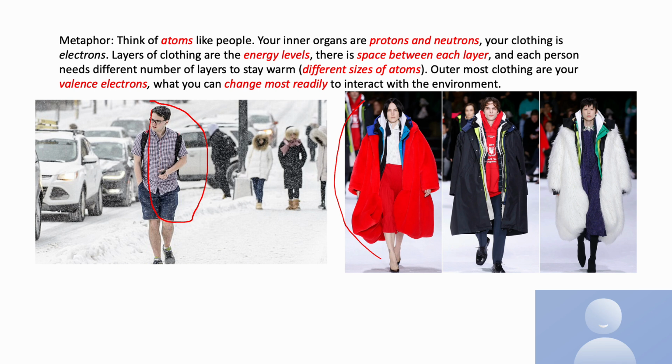And some atoms need tons of clothing, and that means they have tons and tons of electrons, so they're bigger. We're going to talk about valence electrons, these outermost ones, later in the slideshow. But I'm just trying to help you understand that your electrons are on these layers of clothing, and these layers are your energy levels. Not all atoms have the same number of energy levels because they don't have the same number of electrons.